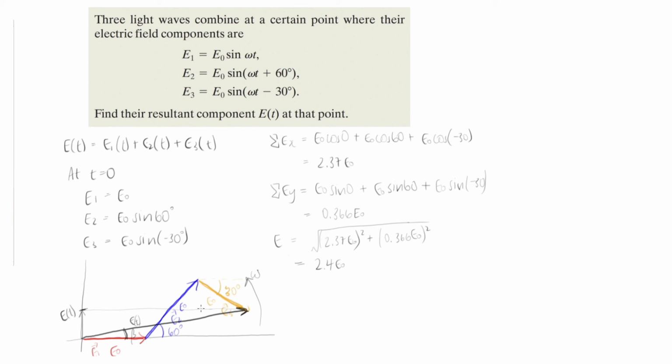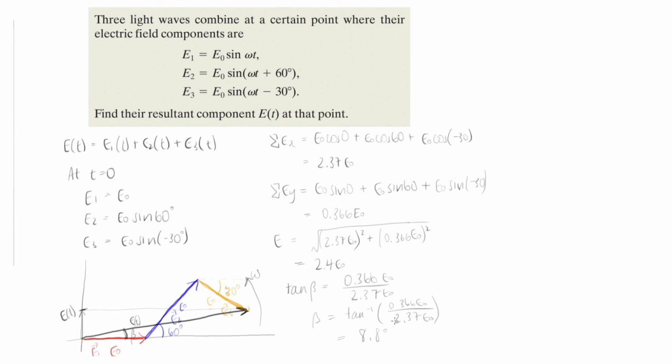Okay, cool. So the way that we work out the angle beta is the same way. We just have our two components, so we can use tan in this case. So it's going to be tan beta equals opposite over adjacent, which is going to be 0.366 divided by 2.37. They're both E naught. Therefore, if we take the inverse tan of that, you get about 8.8 degrees.